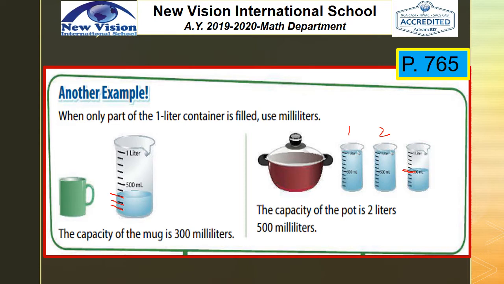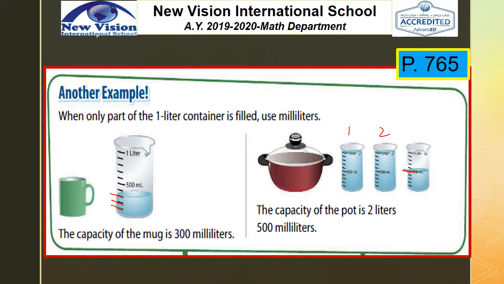Very good. Next, the capacity of the pot is 2 liters, 500 milliliters. How did you know? How many milliliters are in the partially filled container? It's 500.